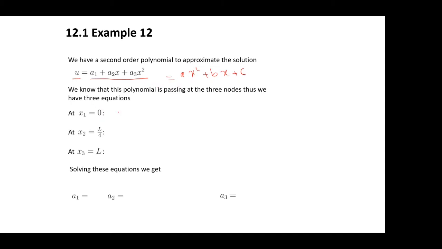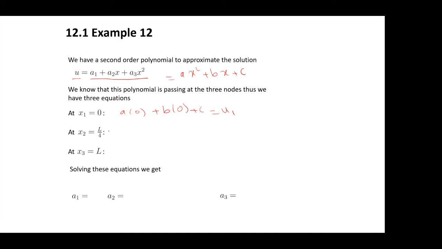Now, at X equal to 0, you have A multiplied by 0 plus B multiplied by 0 plus C, and this will be equal to U1. So this is at X equal to 0, where U equals U1.